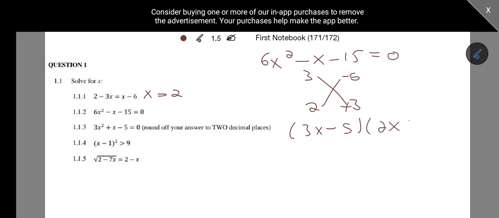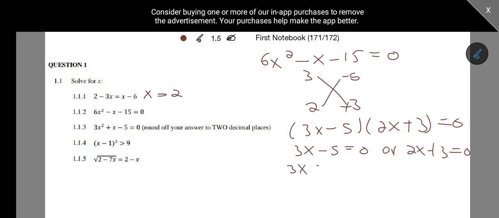Okay, so these will be our factors for this problem, and 3x minus 5 is equal to 0, or 2x plus 3 is equal to 0. So we can take the negative 5 to the other side, such that 3x is equal to 5, or 2x is equal to negative 3.